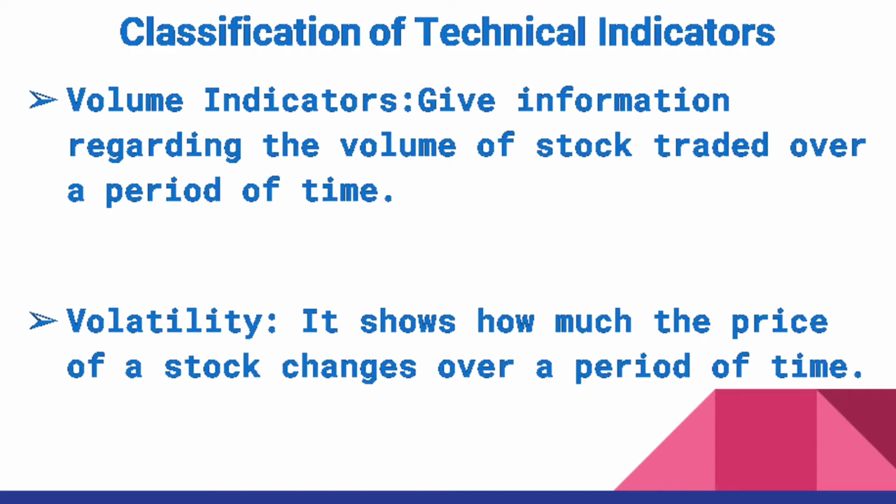This is useful because when the price changes, the volume gives an indication of how strong the move is. Volatility indicators tell how much the price is changing over a period of time.